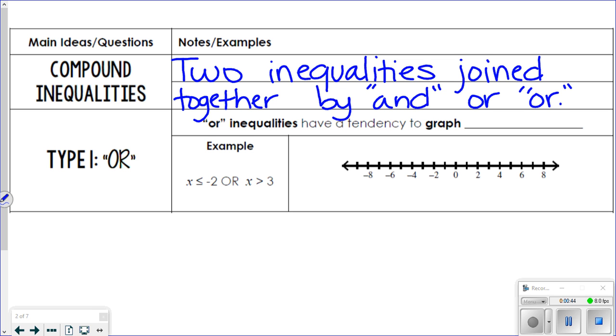Our first type is an or, which is a disjunction. Or inequalities or disjunctions have a tendency to graph apart, or you could say opposite ways, out.